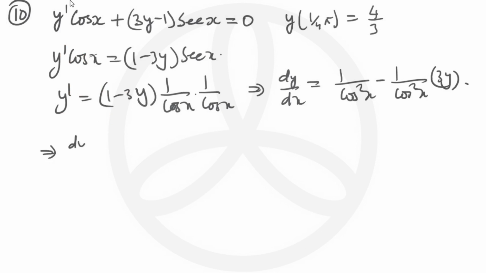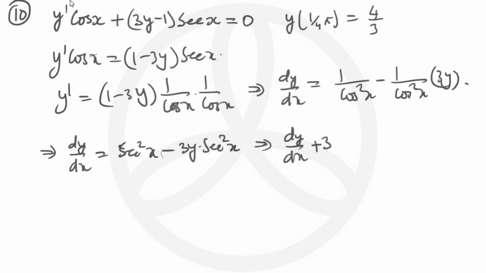This will become secant square x minus 3y secant square x, and we can take this particular portion on this side to make it dy/dx plus 3 secant square x y is equal to secant square x.